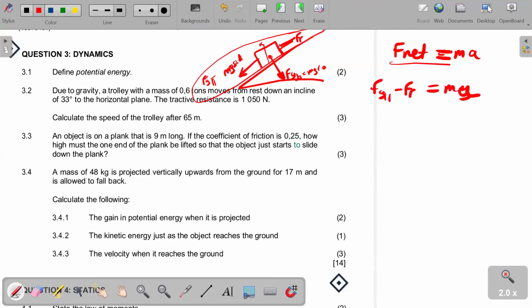Remember, we are dealing with vectors, hence they have a direction. Right now I have taken downwards as positive, hence my parallel gravitational force is positive. So how do we calculate it?